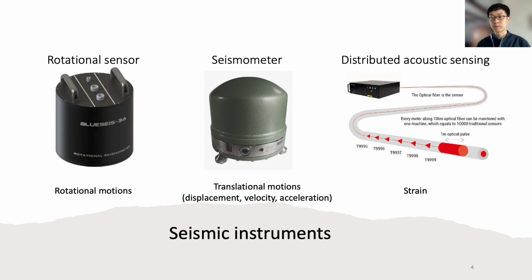In recent years, with the availability of new seismic instruments, such as rotational sensors and distributed acoustic sensing, more complete ground motions can be recorded. These new observables essentially represent the spatial gradient wavefield, which are expected to be more sensitive to local structures at the measuring point.